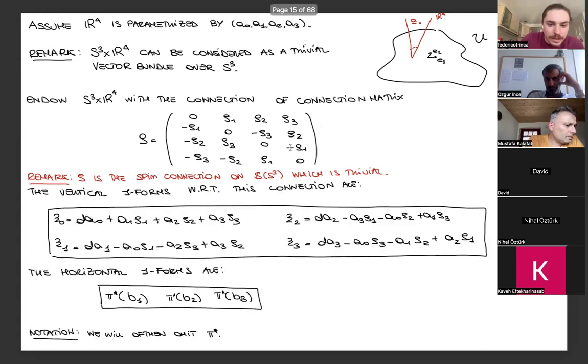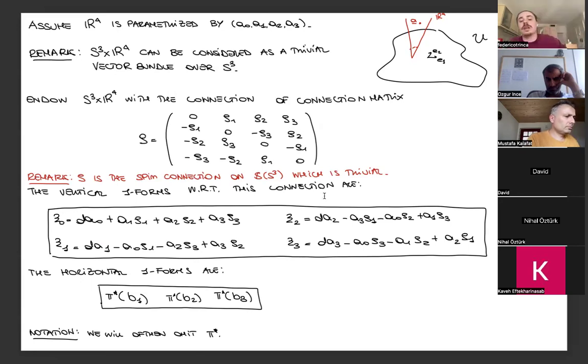Okay, so now I can define in the usual way the vertical one forms and the horizontal one forms. The vertical one forms with respect to this connection are given by da + a·ρ, where ρ is the connection matrix here. If you do the computation, you see that c0 is equal to da0 + a1 ρ1 + a2 ρ2 + a3 ρ3, and c1 is equal to da1 - a0 ρ1 - a2 ρ3 + a3 ρ2.